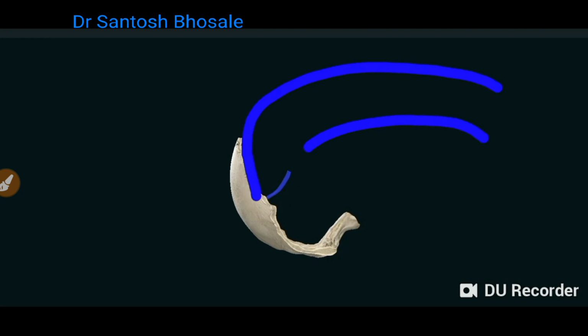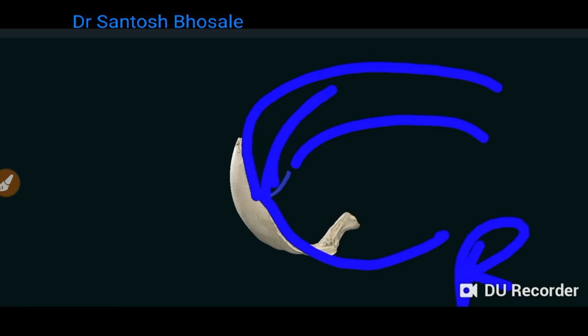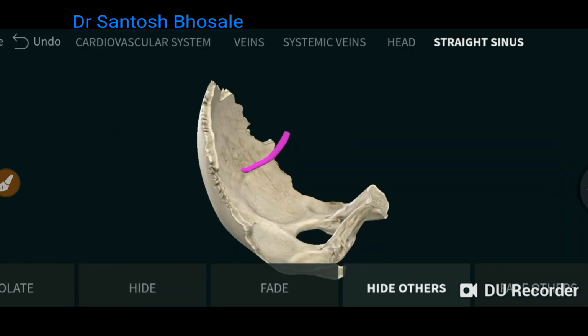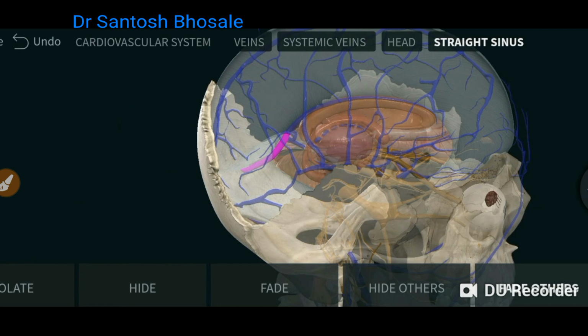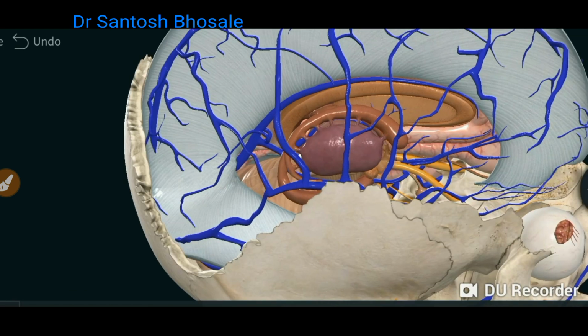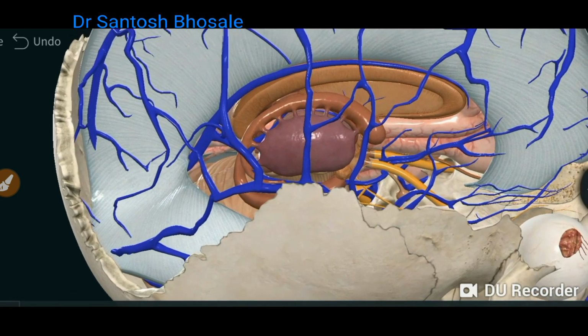You can see that is the superior sagittal sinus, the inferior sagittal sinus. The superior sagittal will continue as the right transverse, and the straight will continue as the left transverse. You can see that is the anterior end, this is the posterior end, and all these sinuses meet there. You can see the superior sagittal sinus, straight sinus, right and left transverse sinuses, and occipital sinus at the internal occipital protuberance, which is aptly named the confluence of sinuses. That is about the straight sinus here.